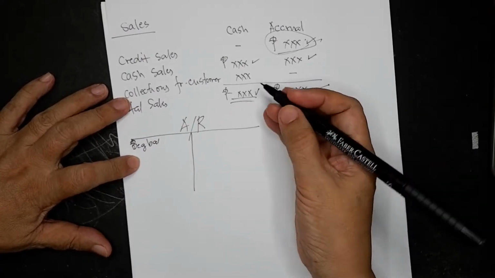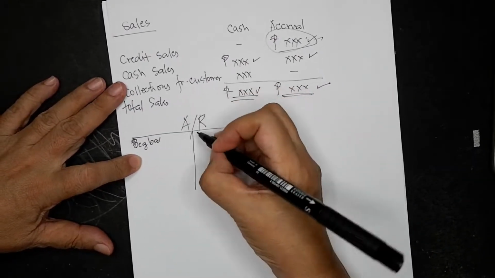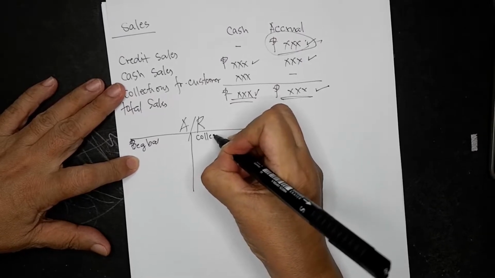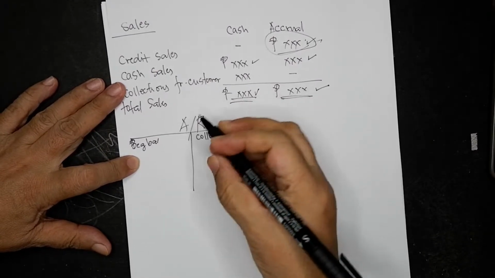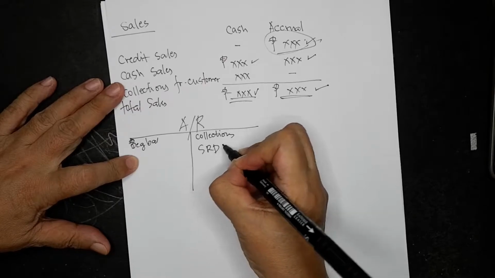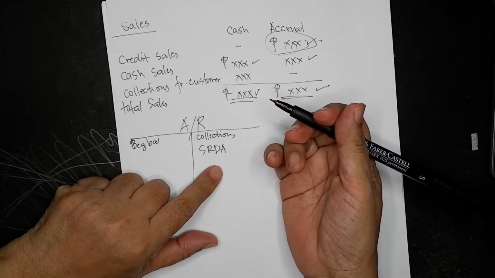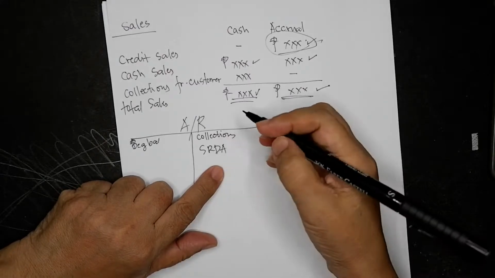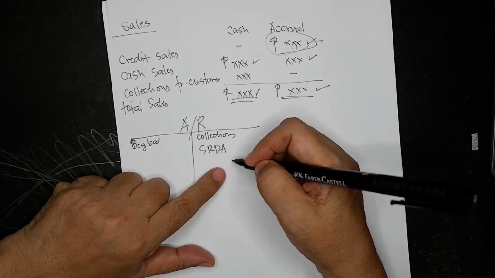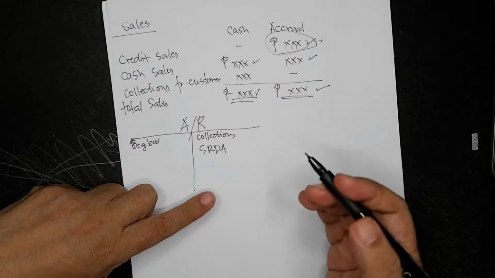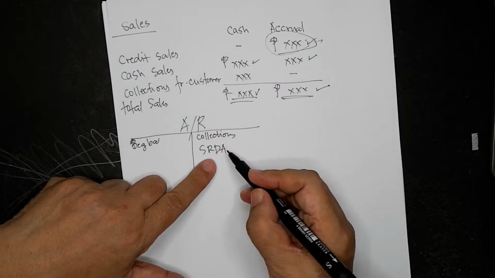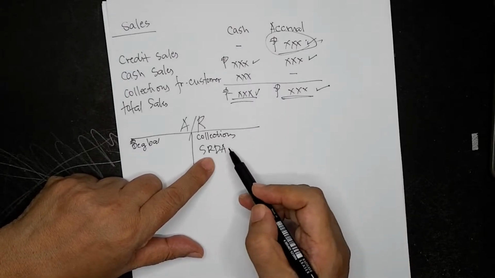Siyempre, alam natin kung sino yung mga nagbayad sa atin. So, we have our collections. We have our SRDA, Sales Return, Discount, and Allowances. Kung sino-sino yung mga binigyan natin ng discount at saka ng allowances. Yung mga customers natin na nagbayad within the discount period, binigay natin. So, alam natin dapat yan.